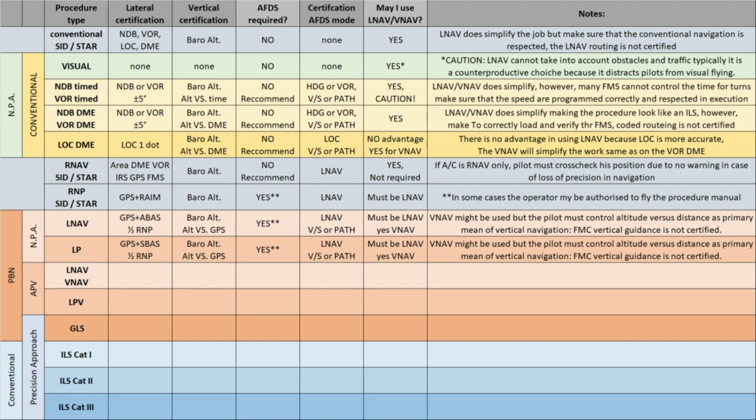The approach is designed to be flown as a VS or a path angle descent approach, but I could decide to use VNAV for the approach, but it remains the fact that I'm flying a non-precision approach, and therefore I am descending to a minimum descent altitude, which of course has to be revised in the cases that we discussed earlier. I know that some of you will now tell me that this use of VNAV is getting a bit more vicious.